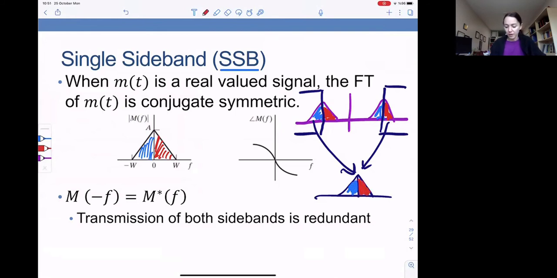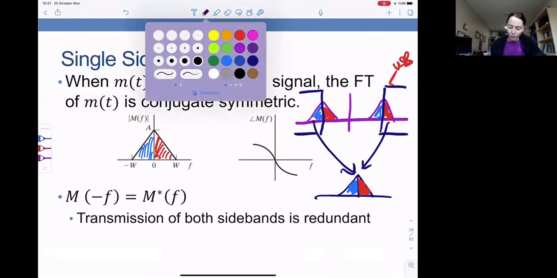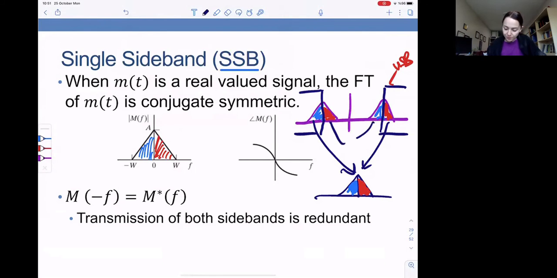Okay. So that is the idea behind SSB. Why transmit both sidebands? Just transmit either the upper sideband, this is the upper sideband, or transmit the lower sideband, which is this one. Okay, how are we going to do this?